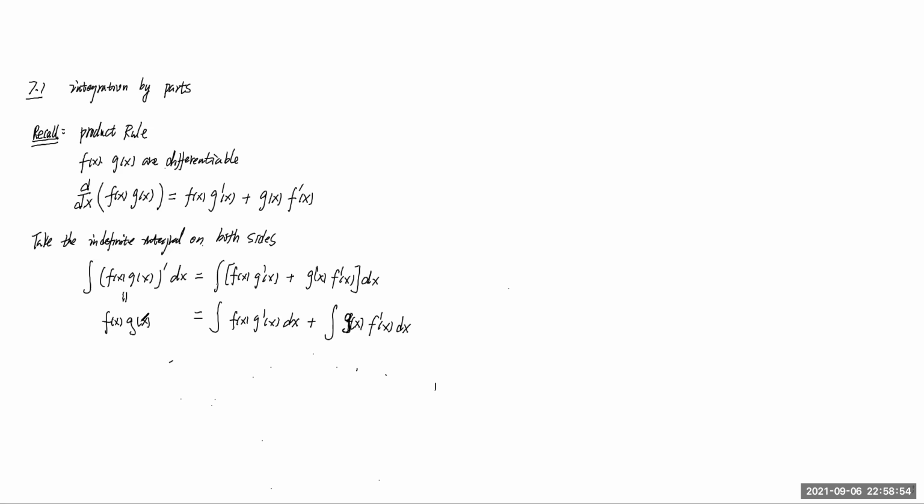So we obtained a formula which is f(x) g(x) equals the integral of f(x) g prime(x) dx plus the integral of g(x) f prime(x) dx.